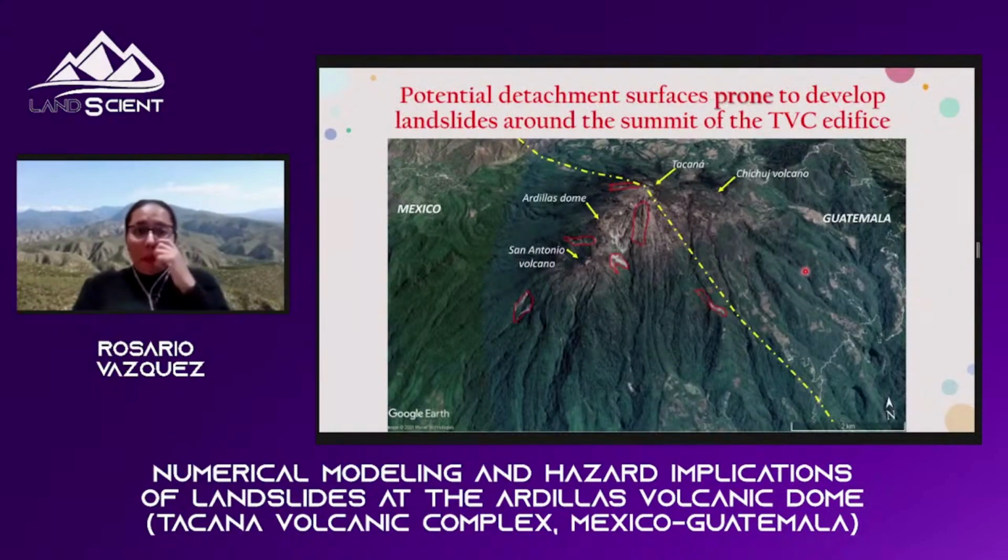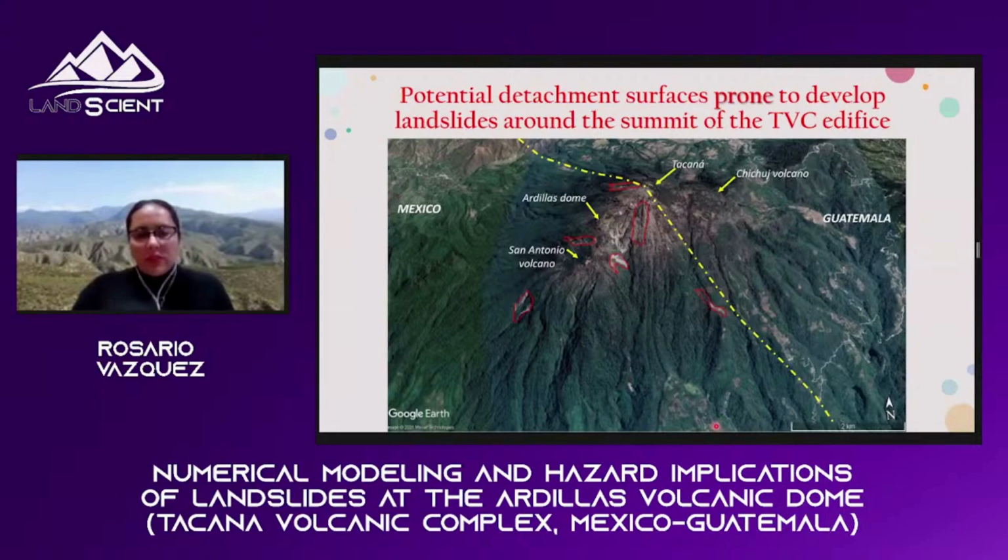And lastly, I show you within this map the other potential detachment surfaces that we have detected around the summit of the volcano and in the lower parts of the edifices.